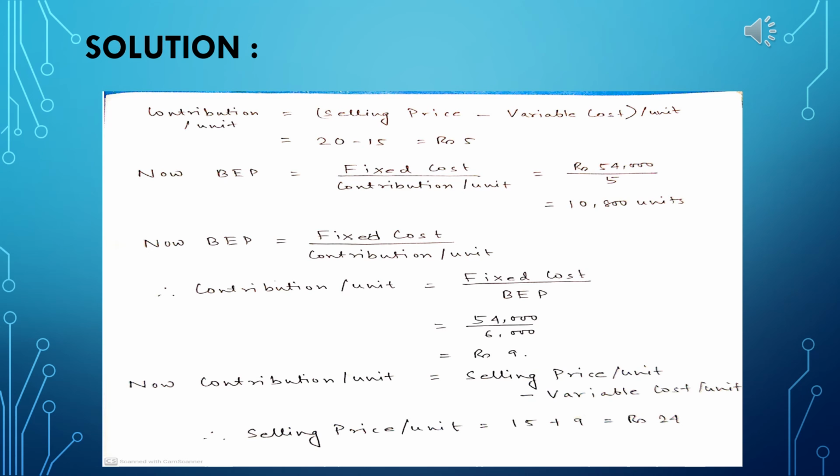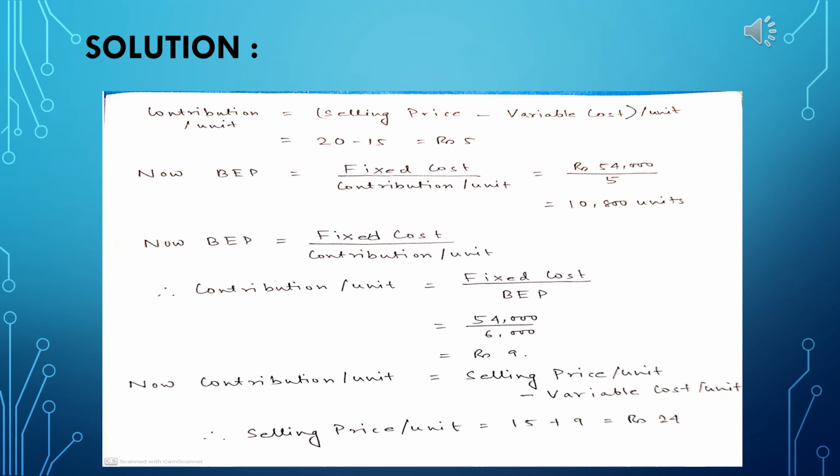It has not been mentioned in this sum that the variable cost will change with the break-even point, so we consider that to be constant, taking it as 15. So the selling price per unit will be the variable cost per unit plus the contribution per unit. The respective figures are 15 and 9, so we get the selling price at rupees 24 per unit.